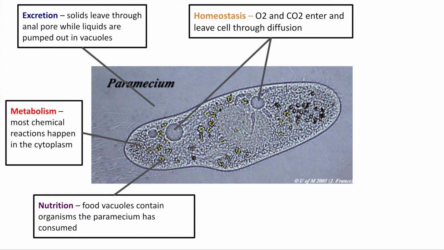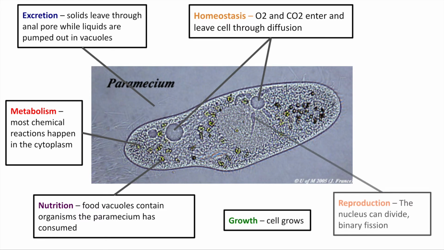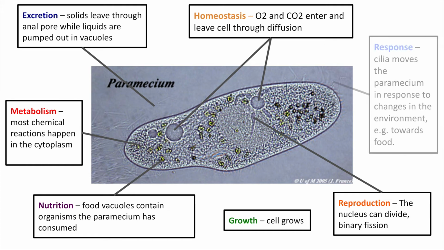Nutrition, the paramecium is heterotrophic, meaning it does not produce its own food. Instead, it has food vacuoles which contain organisms that the paramecium has consumed, which are then digested in the cytoplasm. Growth, the cell grows. Reproduction, the nucleus can divide by binary fission, so this is asexual reproduction.